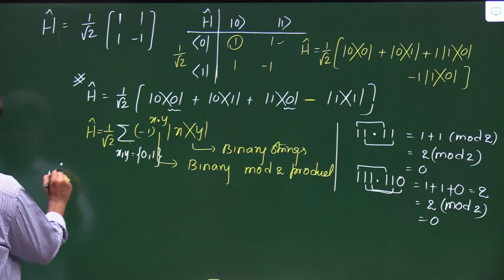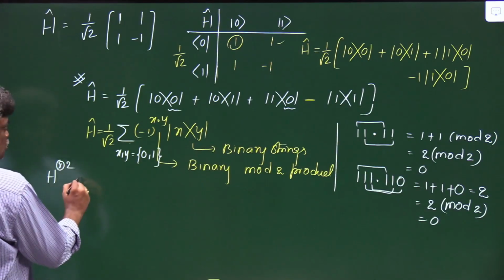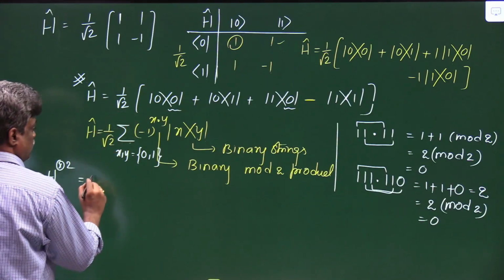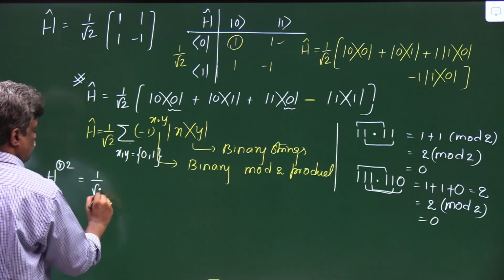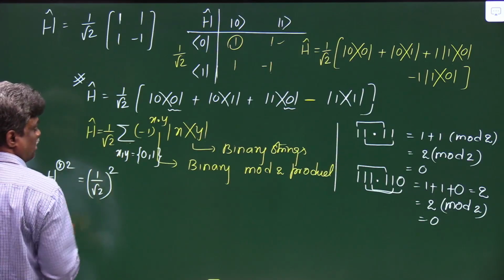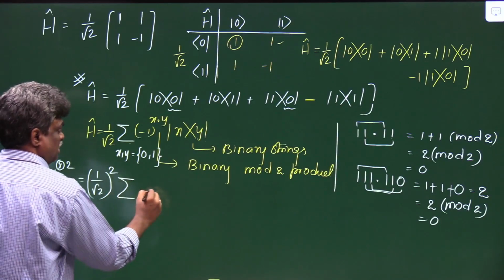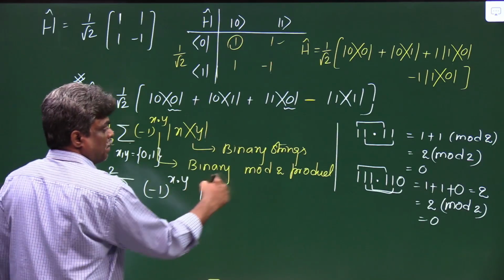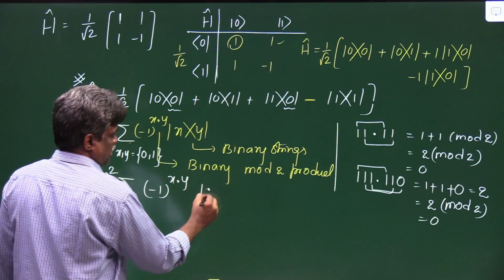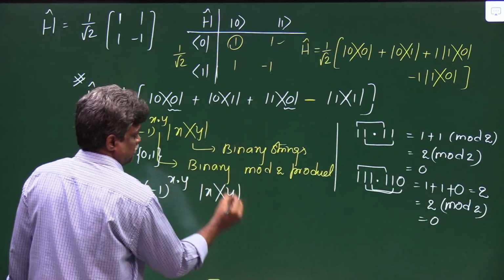Now let us take 2 qubits. If it is 2 qubits, we will get quite a similar one. So this is 1 by root 2 whole squared, because 2 qubits, summation of minus 1 whole power x dot y, binary modulo 2 product, and this is the outer product of x and y.